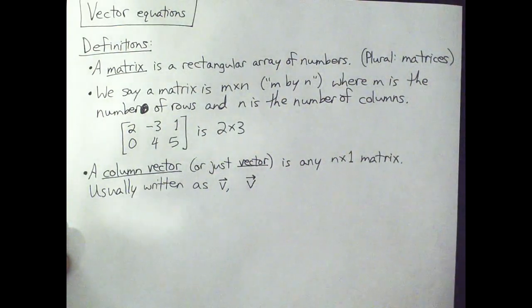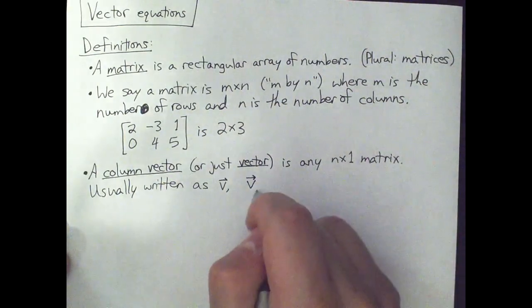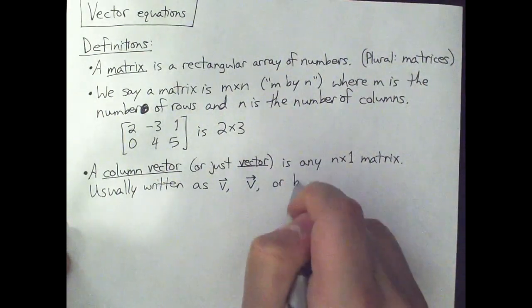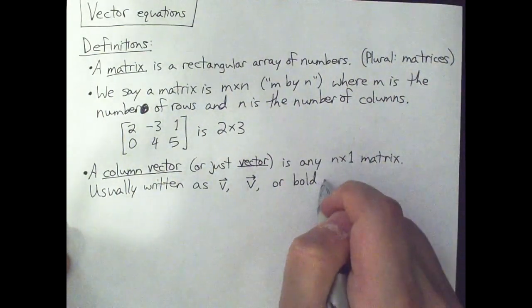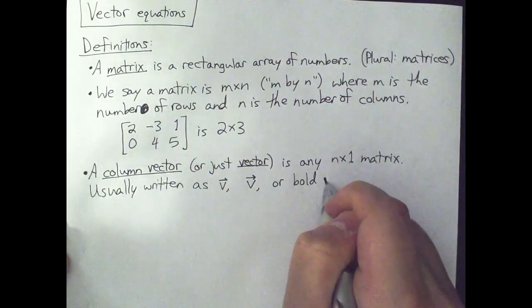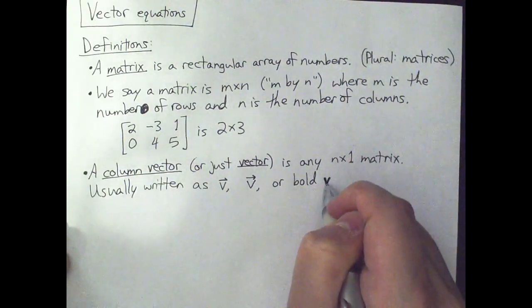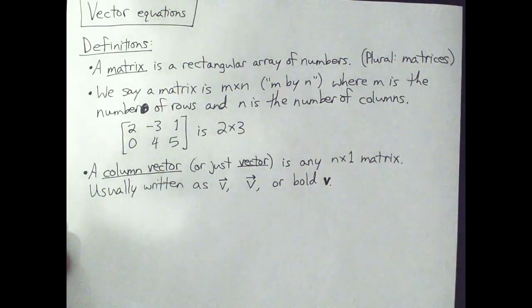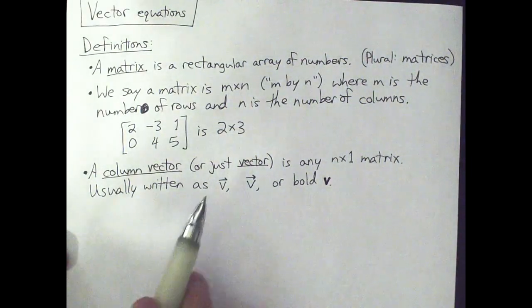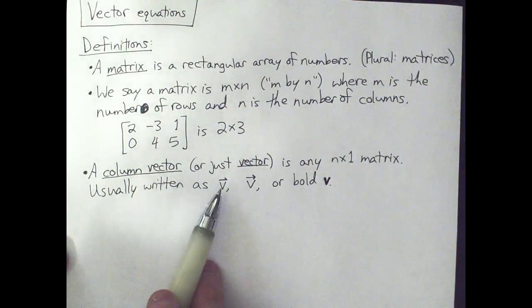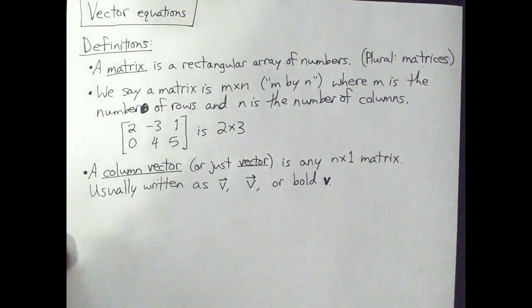That means the same thing for us. Or it can be a bold letter V. When it's in a textbook, a lot of times they use the bold V, but I'm not going to do that much. Writing by hand, we typically use the first one. If you're typing it, you might use the bold one.